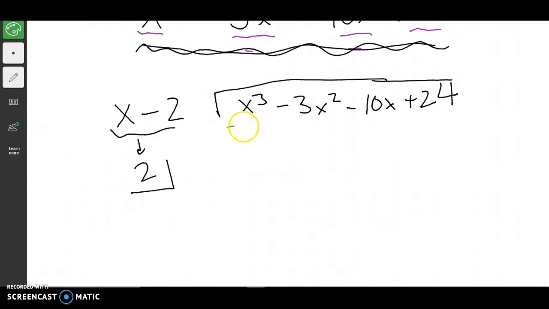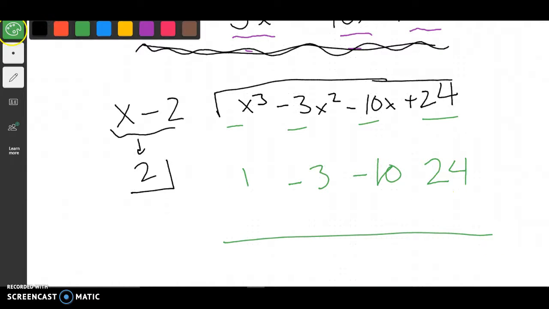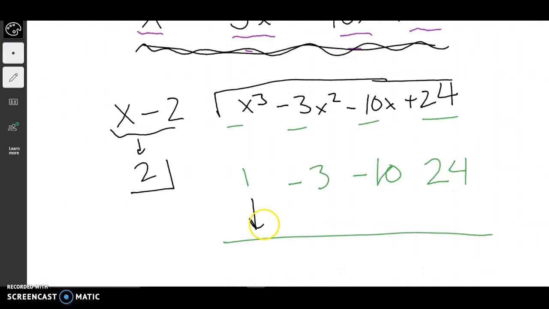Then I'm going to take the coefficients of each one of these numbers. For us, it would be 1, -3, -10, and 24. We always carry the first term down, and then we take this number and times it by this number up here. So 1 times 2 gives me 2. Then we add, and we get -1.